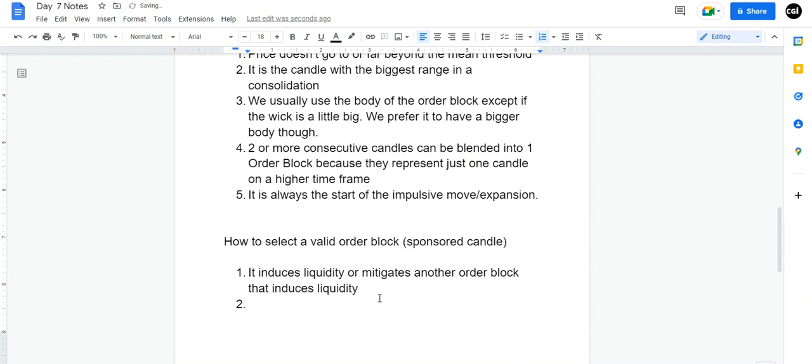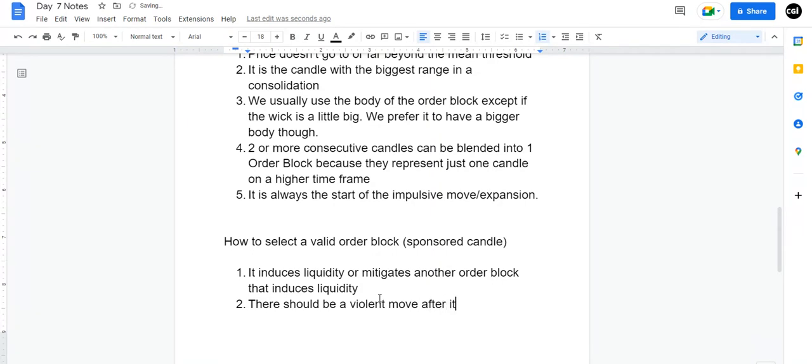The second rule is that there should be a violent move after it.